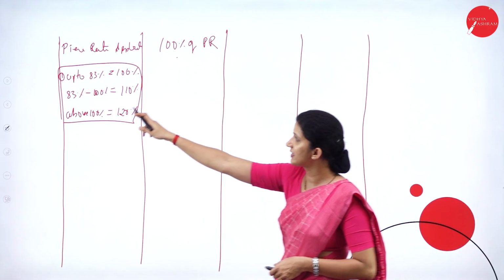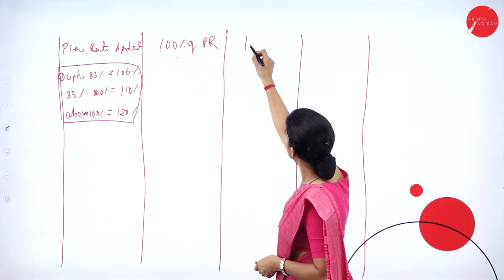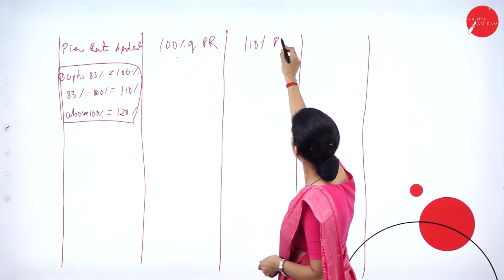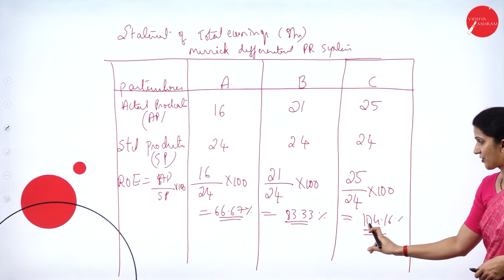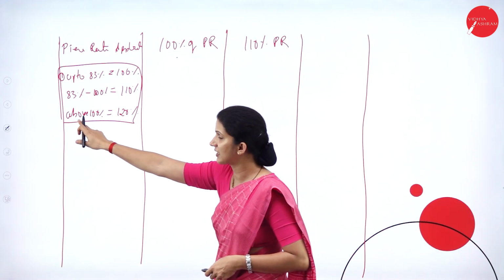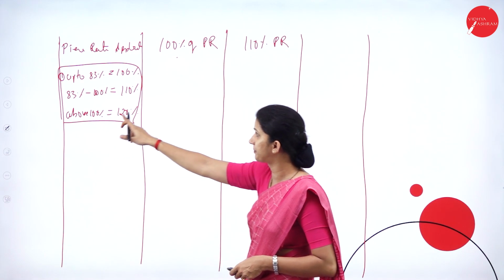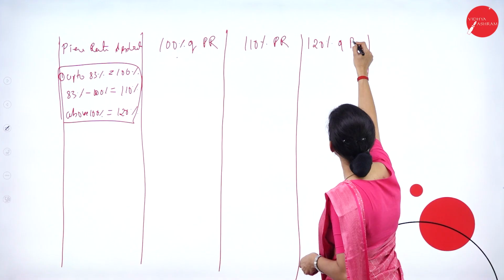So he falls in the second category, from 83 to 100%, so he is getting 110% of piece rate. Then C, his rate of efficiency is 104.16. So he falls under the third category, above 100%, so he will get 120% of piece rate.